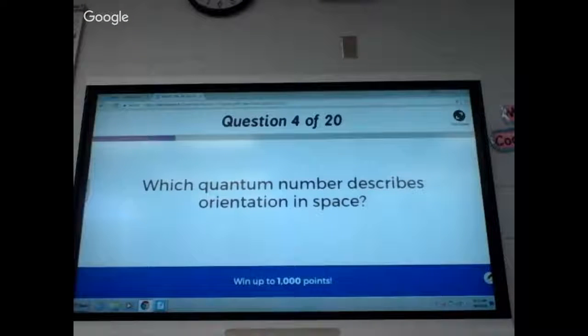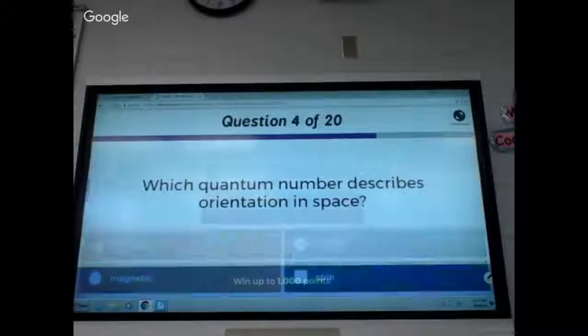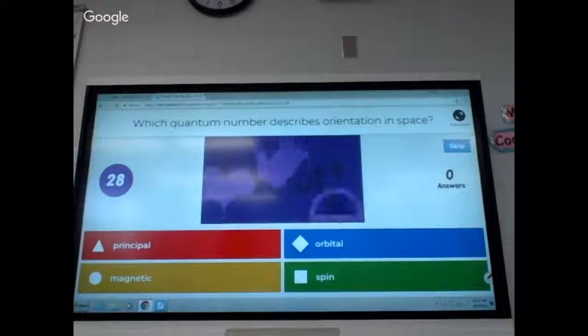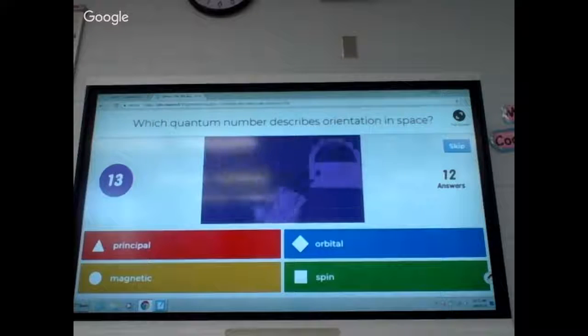All right. Which quantum number describes orientation in space? There's only 4. All 4 of them will be the 4 answer choices. I won't make up any junk answers tomorrow.